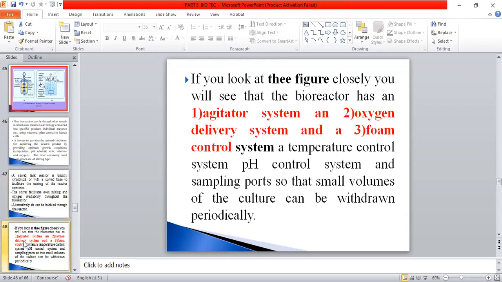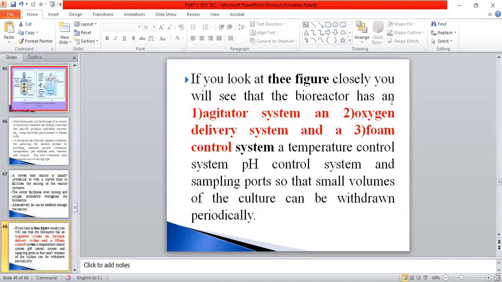And the second one: if you look at the figures closely, normally each and every bioreactor must have 3 features. Don't forget, this is very, very important, my dear students. One is called the agitator system. Second is called the oxygen delivery system. And third is called the foam control system.